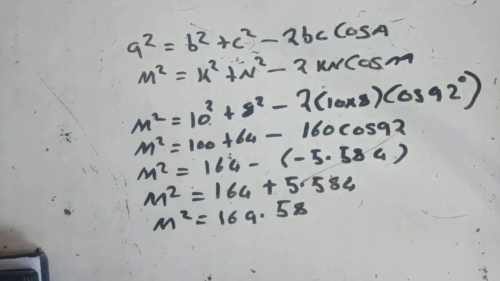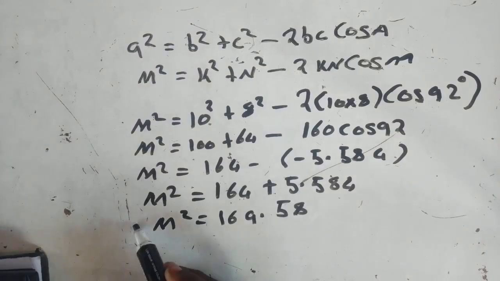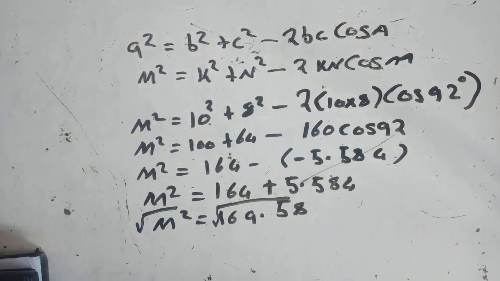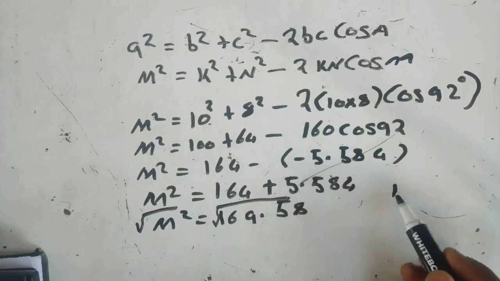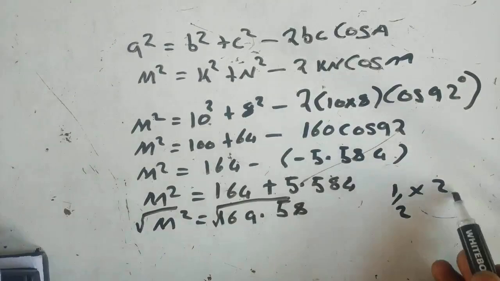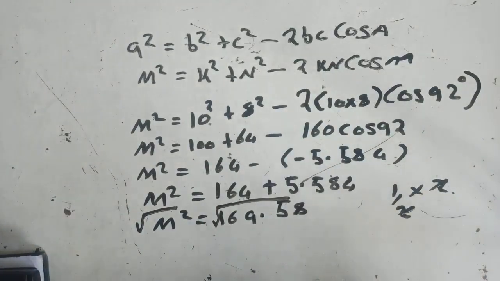Then you make M the subject of the formula by introducing the square root. So we are going to have a square root and the square root cancels, because square root is the same as 1 over 2. If you multiply 1 over 2 by 2, the square root and the power cancel, hence remaining with 1.